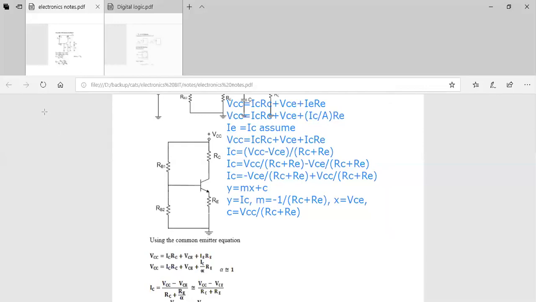Let's look at the diagram I'm trying to talk about. It should look like this. You have your x-intercept and the y-intercept. This will be our x, which is basically the VC, and this is IC.